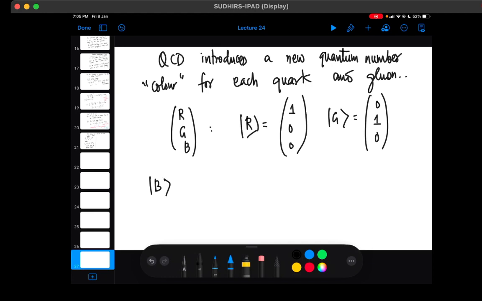For a blue color, we introduce something like this. So this column vector in general represents the color.